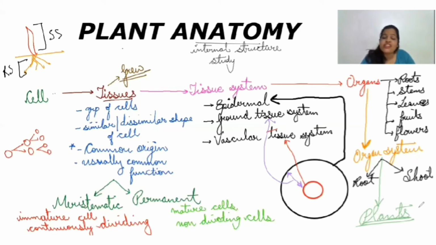We'll even see the transverse sections of roots, stems, leaves, and we'll talk about the secondary growth. This chapter is very, very interesting, and you can even see the slides. If you make the slides of the transverse sections in your schools or labs, then you can easily see the transverse sections also, guys. It's easy to make the slides too.